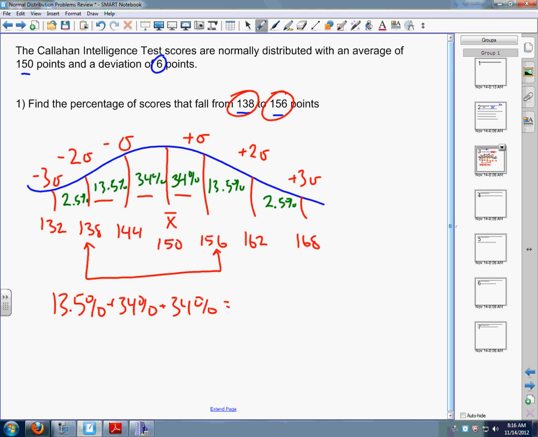This gives me 68, and adding 13.5 is 81.5%. Okay? So it's not saying 81 kids scored from 138 to 156. It's saying 81.5% of the total kids scored from there to there. Okay, there's the first problem.